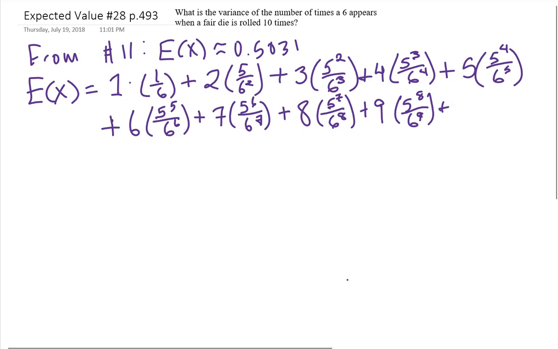The probability that a die in this problem will come up as a 6 on the 10th roll is 5 to the 9th over 6 to the 9th.